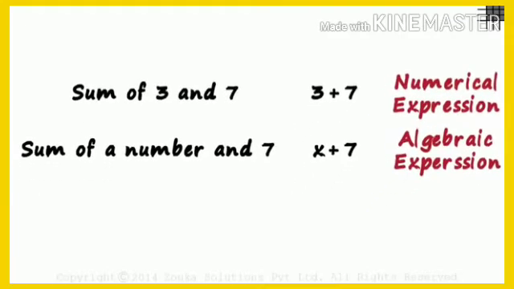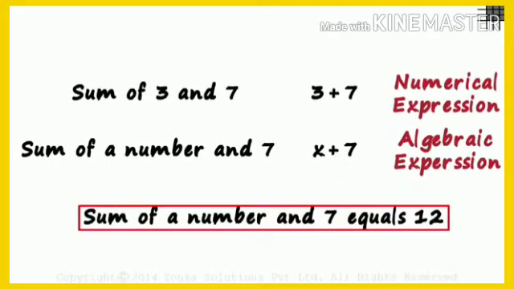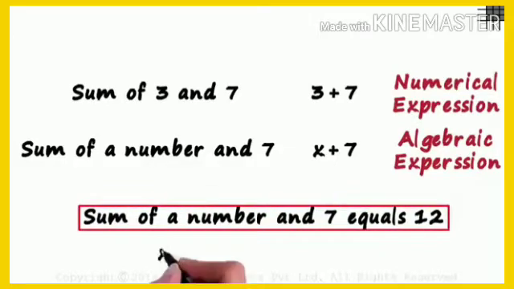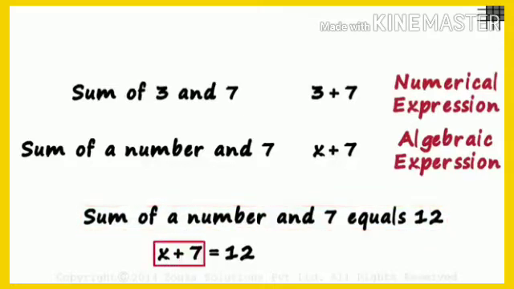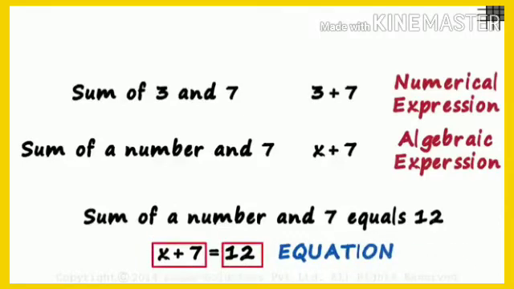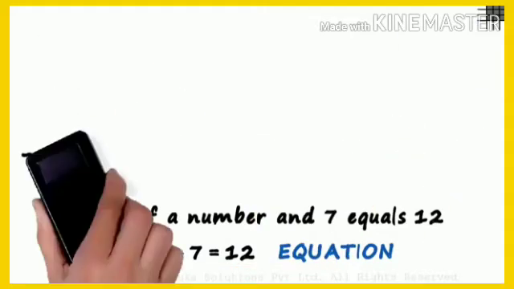Now we can see another example. Sum of a number and 7 equals 12. How will you write this? We take x plus 7 equals 12. Since the equal to sign is coming here, this is an equation. You learned this in previous classes.